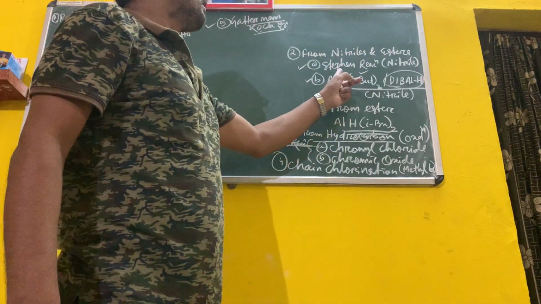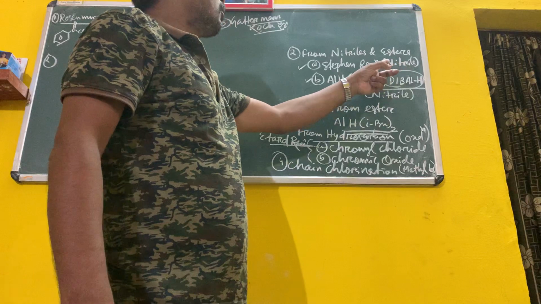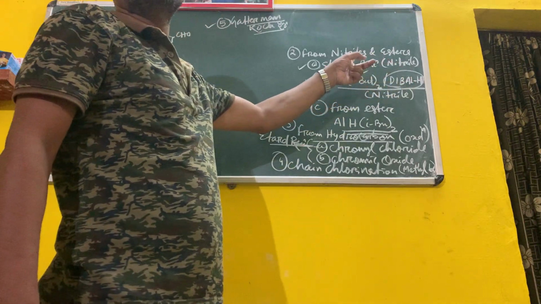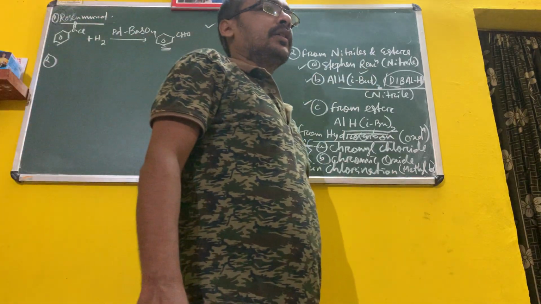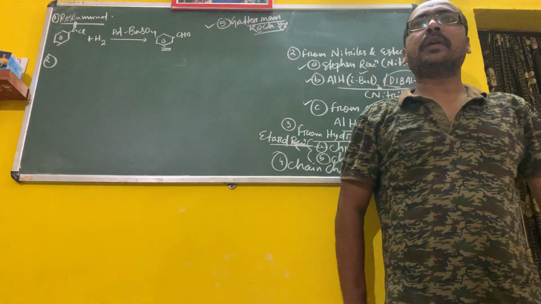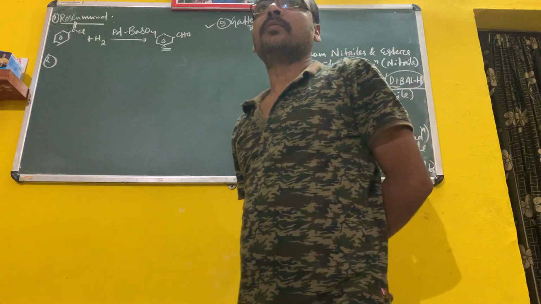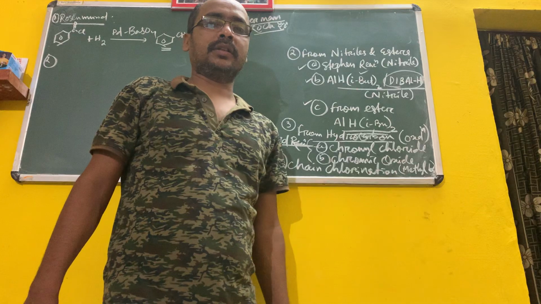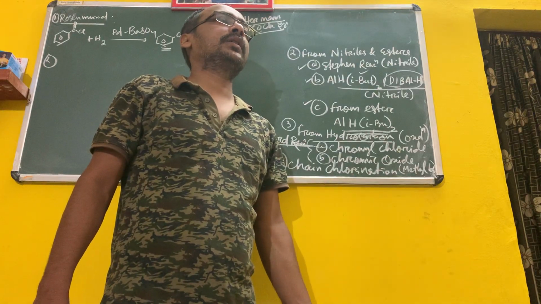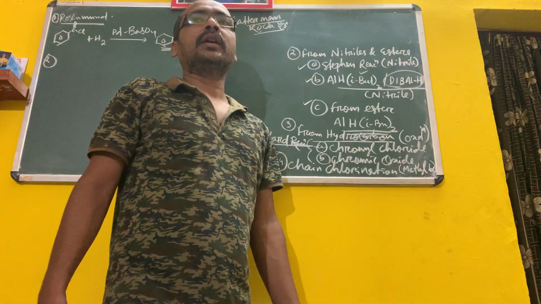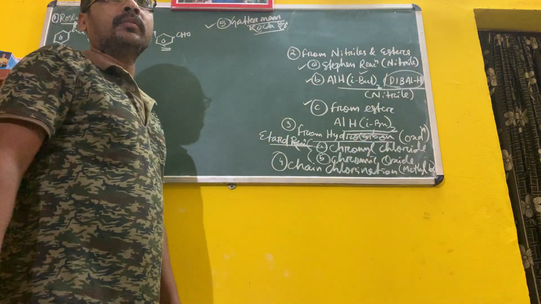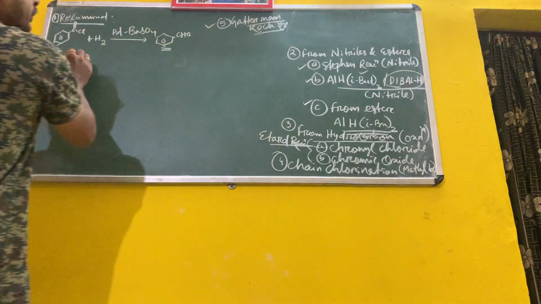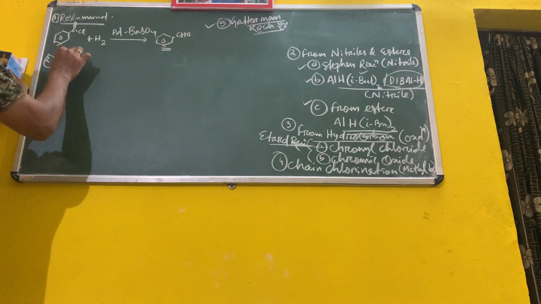The first one is the Stephen reaction from nitrile. You know that the formula of nitrile is RCN. When nitrile is treated with stannous chloride, SnCl2, in presence of HCl, it forms an intermediate, which is followed by hydrolysis, that is water in presence of acid, H3O+, to form aldehyde.